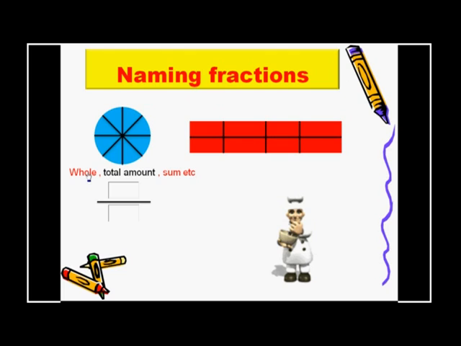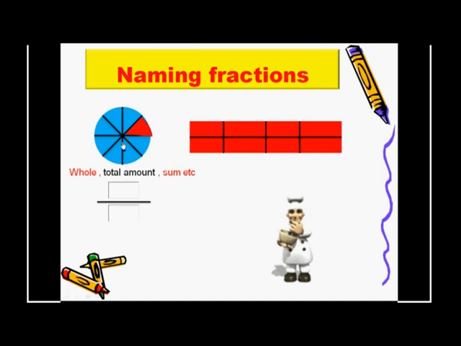The whole circle was divided into 8 parts. The whole rectangle was also divided into 8 parts. So the total number of parts in this circle would give about the whole, and the total number of parts in this rectangle will give you about the whole. Very good. So we're going to name each part.